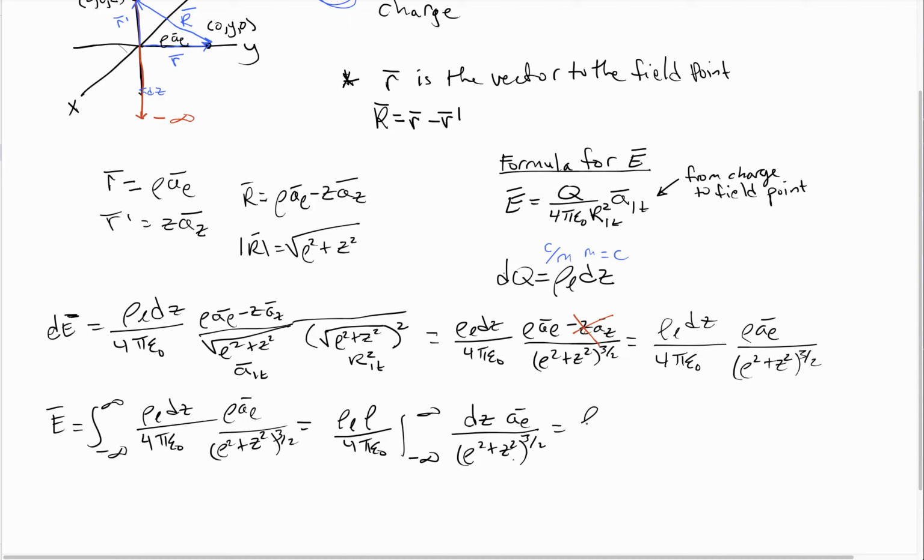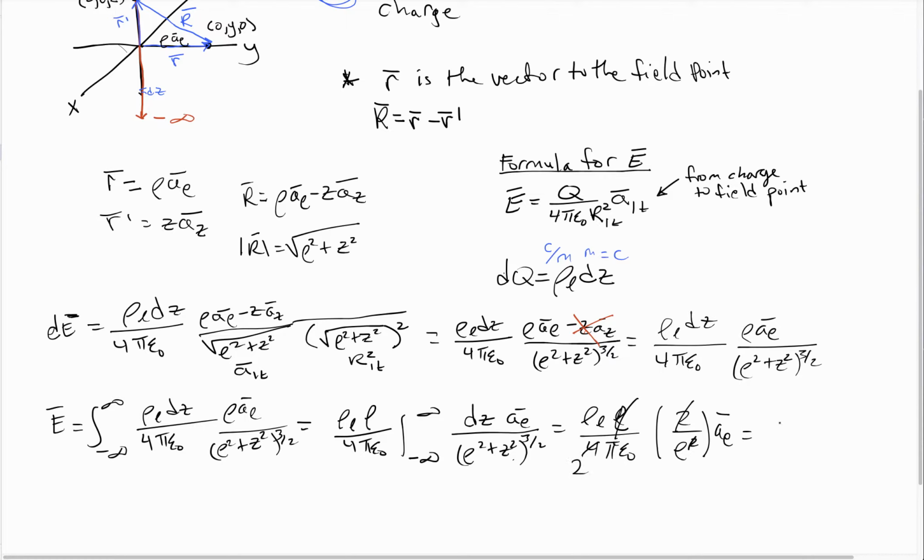So you get rho L times rho over 4 pi epsilon 0 times, that integral works out to be 2 over rho squared a rho. And so this rho here cancels with one of the rhos down there, and this 2 stays as a 2 here.